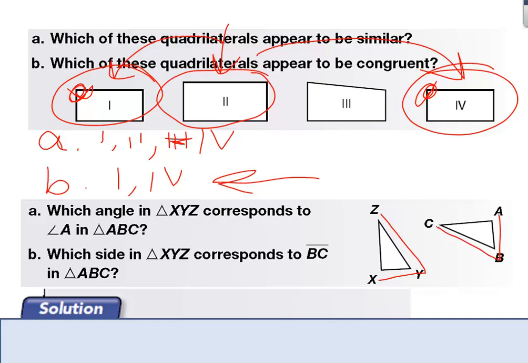Which one corresponds to this angle right here? Which one of these over here is the exact same corner of this triangle as A is? That's what it's asking you. And then on B, it's asking you about what side corresponds. Rather than a vertex like A, it's asking you for a side like ZY or CB. See if you can do it on your own, and then start the video.